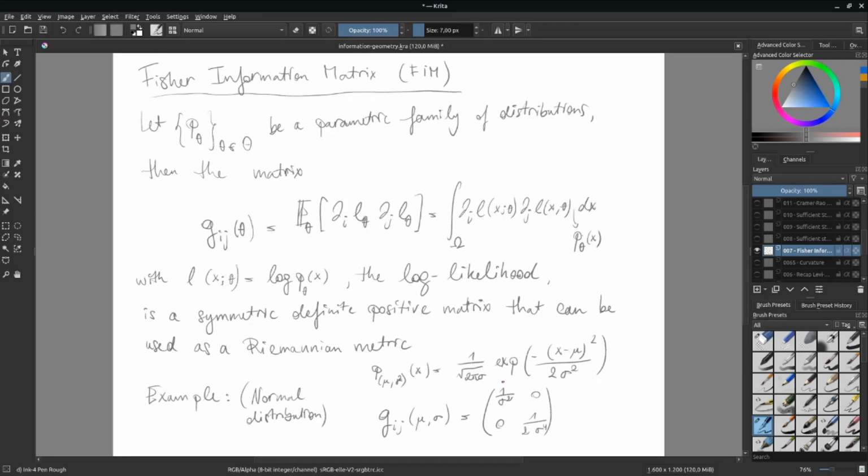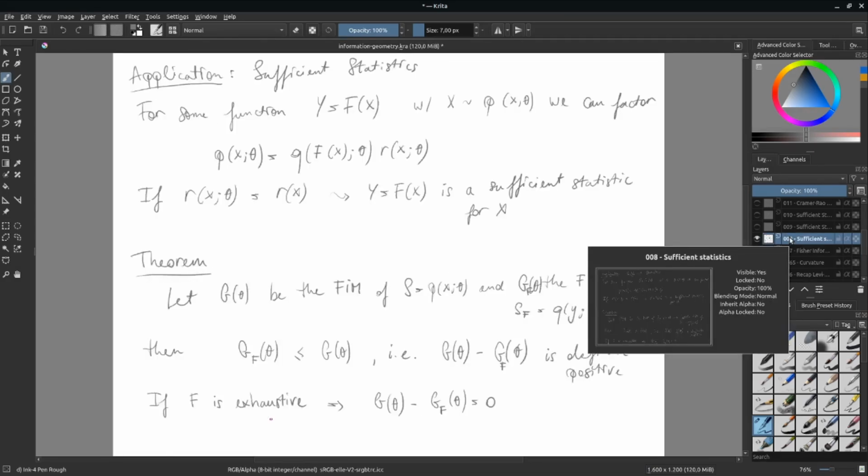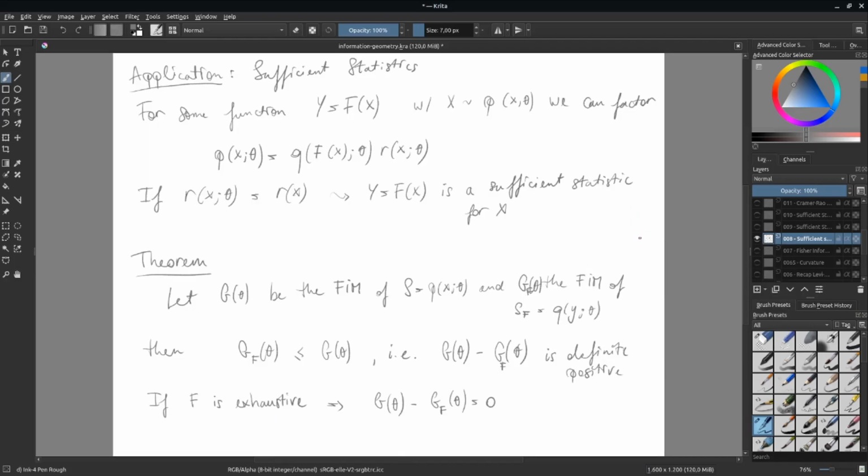It's diagonal, so it's nice, but because we have 1 over sigma squared in the bottom, if we were to take the Levi-Civita connection, this would make this manifold a hyperbolic manifold, but that's more for fun stuff. So actually, let's dive into some applications.